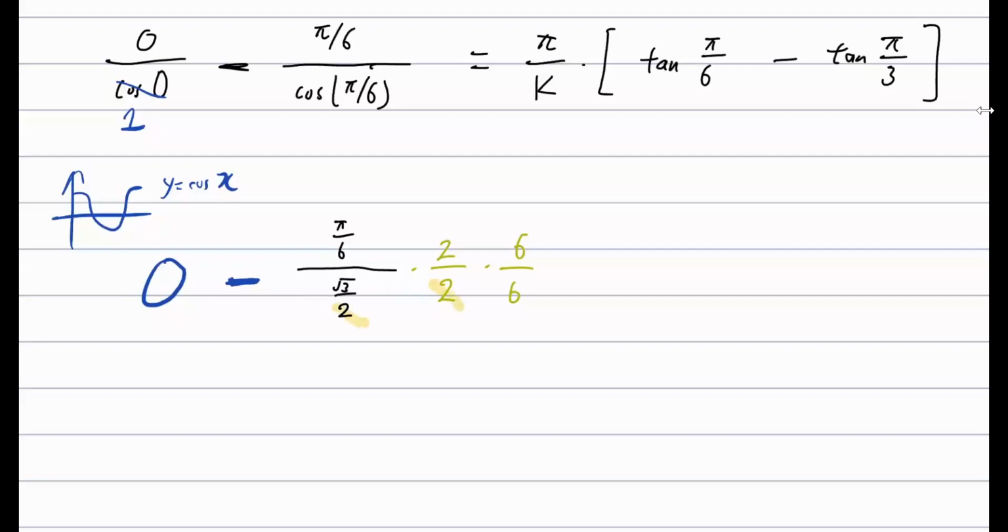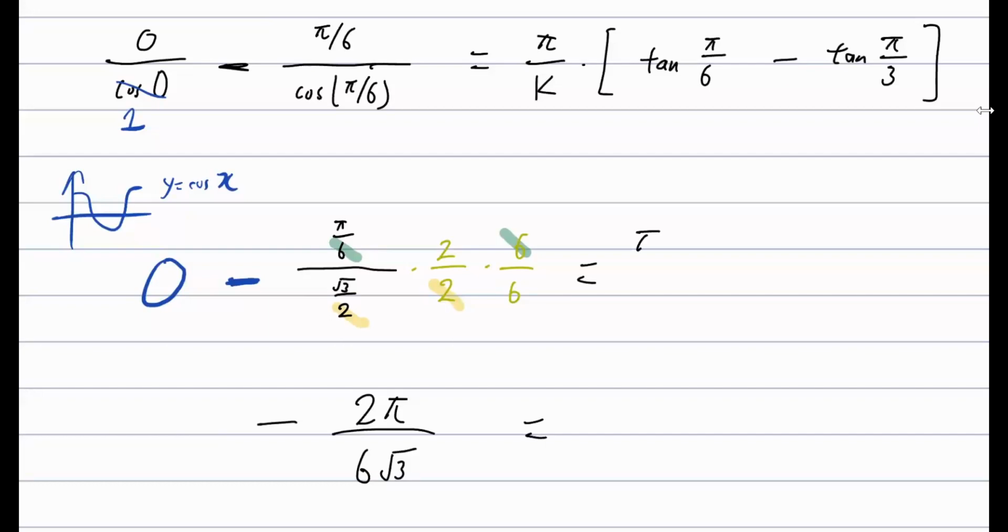The 2 will cancel away. The 6 will cancel away. Then finally, essentially the 2 goes up and the 6 goes below. So you're left with 0 minus 2 pi over 6 root 3. Okay? Don't need the 0. Can? Exact value, okay?